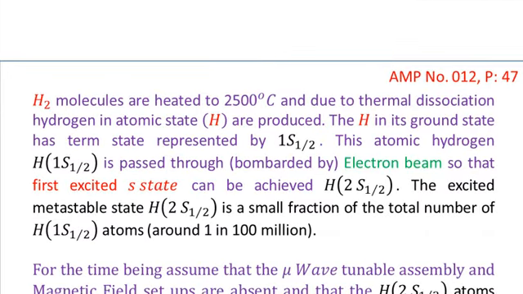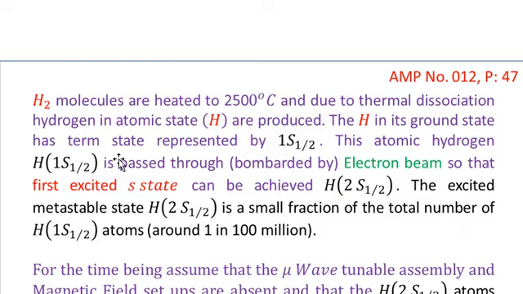Now let me go through the following paragraphs very quickly, although I have explained the experimental setup. H2 molecules are heated to 2500 degrees Celsius, and due to thermal dissociation, hydrogen in atomic form is produced.